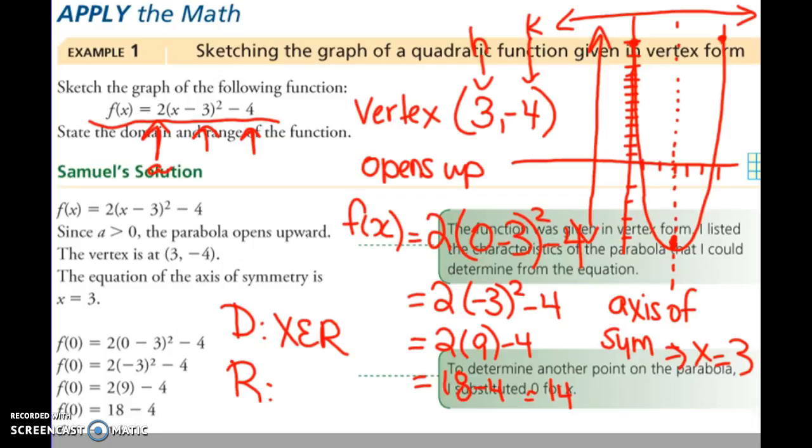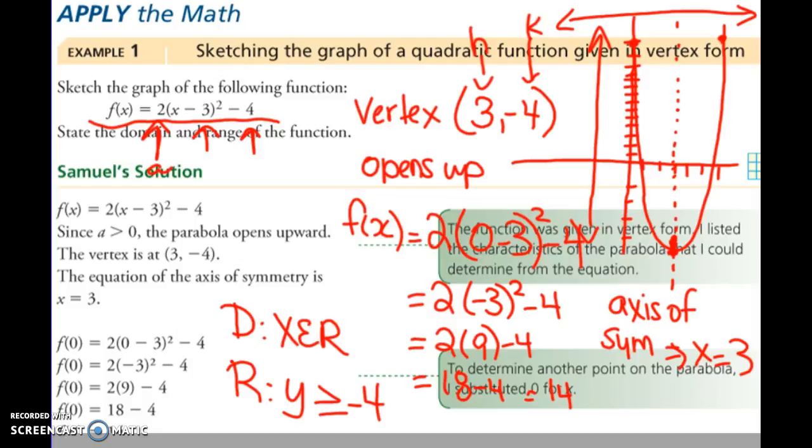So our picture here, how far does it go down? The lowest it goes is -4, and then it goes up and up and up, and we don't know where it ends because it just continues to go. So our range would be y has to be greater than or equal to -4, because our lowest point is -4, our minimum, and then it goes up from there.